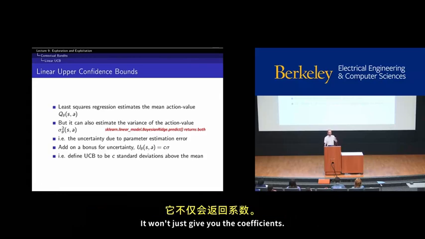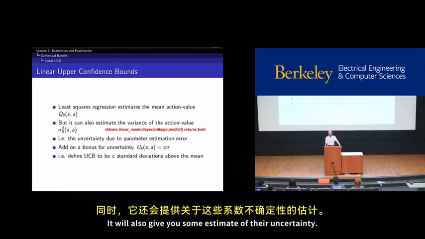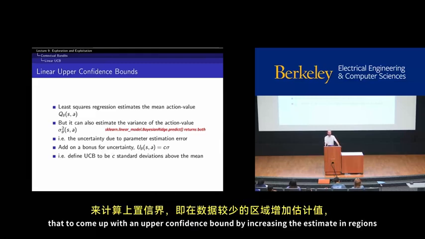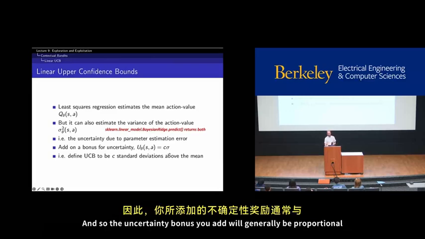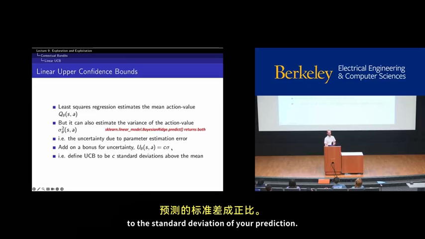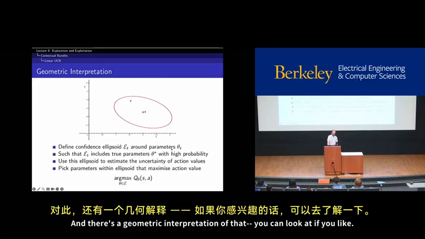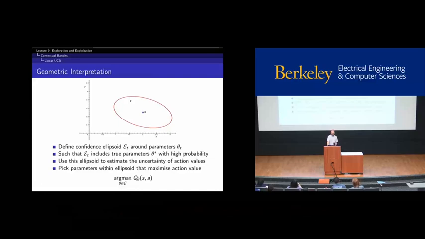It won't just give you the coefficients. It will also give you some estimate of their uncertainty. And then you can use that to come up with an upper confidence bound by increasing the estimate in regions where you have less data and being closer to the mean in regions where you have lots of data. And so the uncertainty bonus you add will generally be proportional to the standard deviation of your prediction. And there's a geometric interpretation of that you can look at if you like.